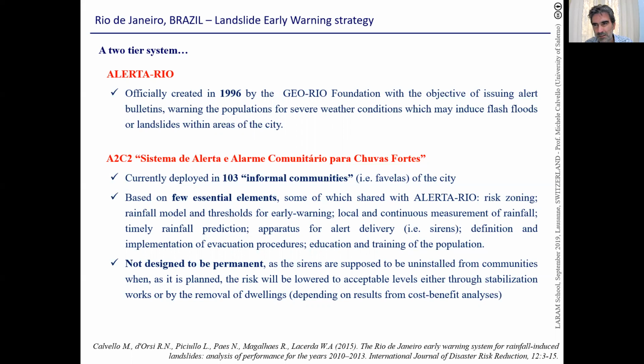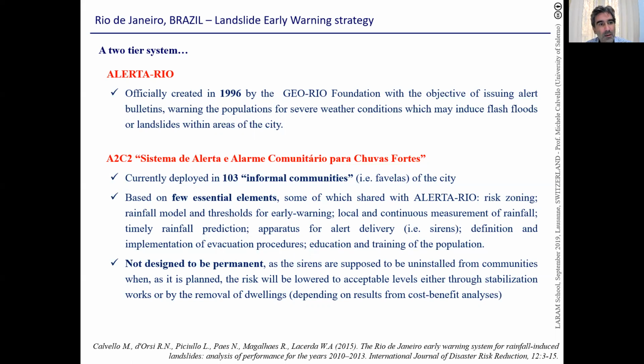It has a purpose, the purpose of warning within those communities in the areas where these warnings are needed for the time being, thinking that then maybe other actions, such as structural mitigation actions or other actions, may take place to reduce the risk in those areas.